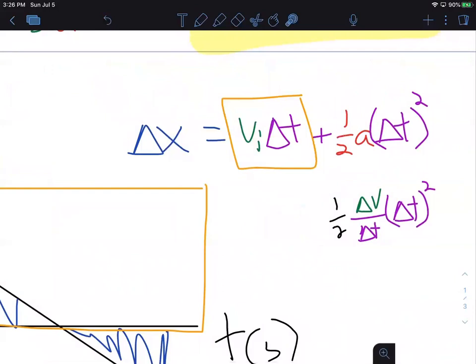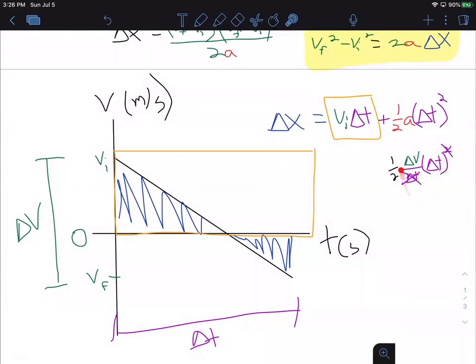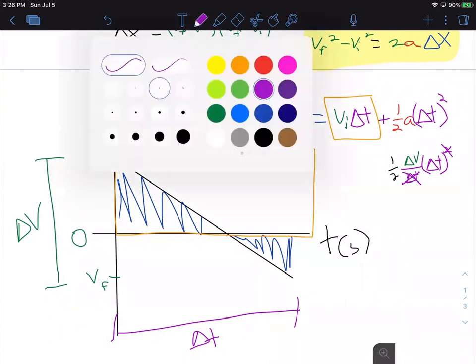And here I've got a delta t and a delta t, so I can cancel off the square and I can cancel off the delta t in the bottom. And now this is the formula for the area of a triangle, 1/2 base times height. So that would be this triangle here. All right, let's pick a color for that, light green.